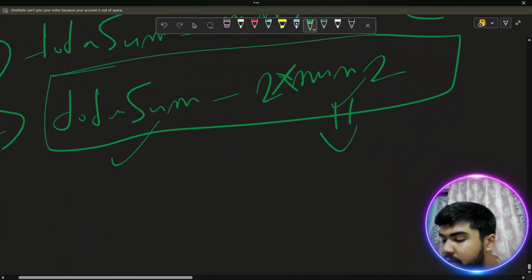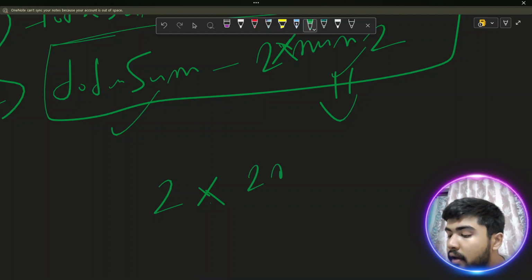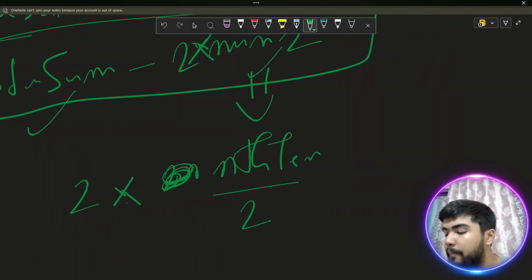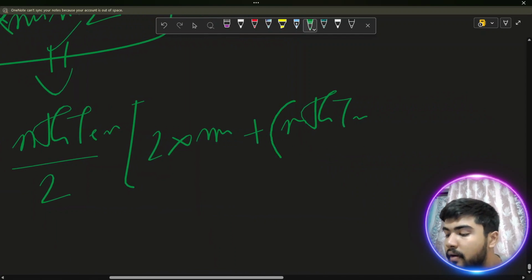So if I write it again here, you can get it easily. There is an n by 2, so in nth term we can write nth term by 2. I'm writing the formula for num2 only, that we have defined. So 2 into m plus nth term minus 1 into m, right? So that is the formula.